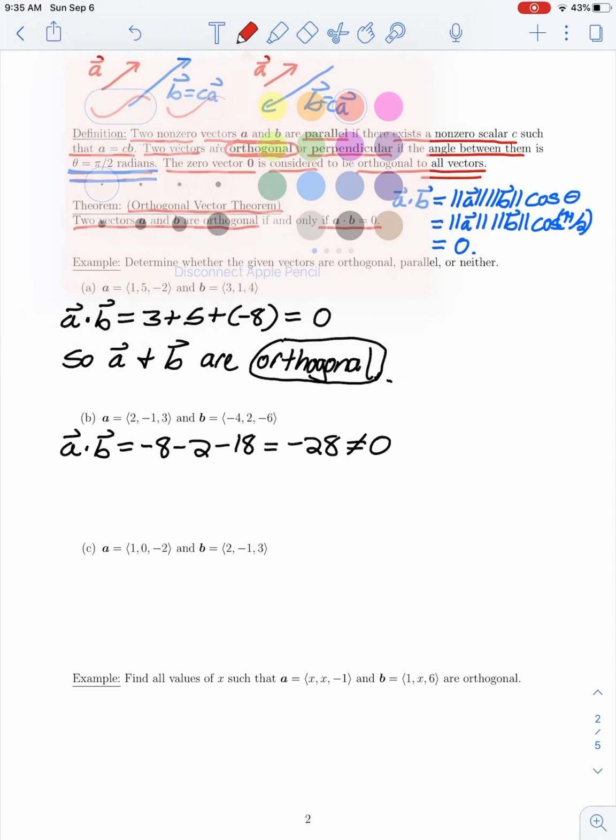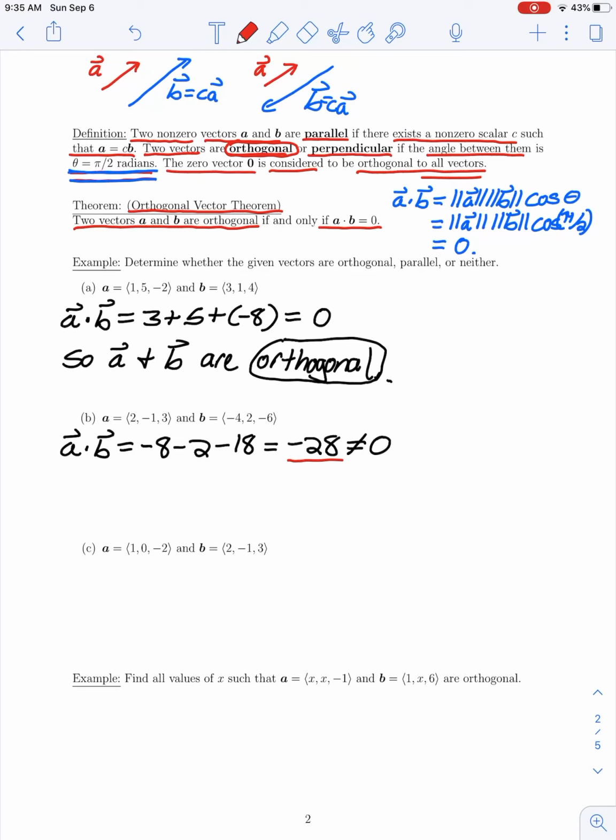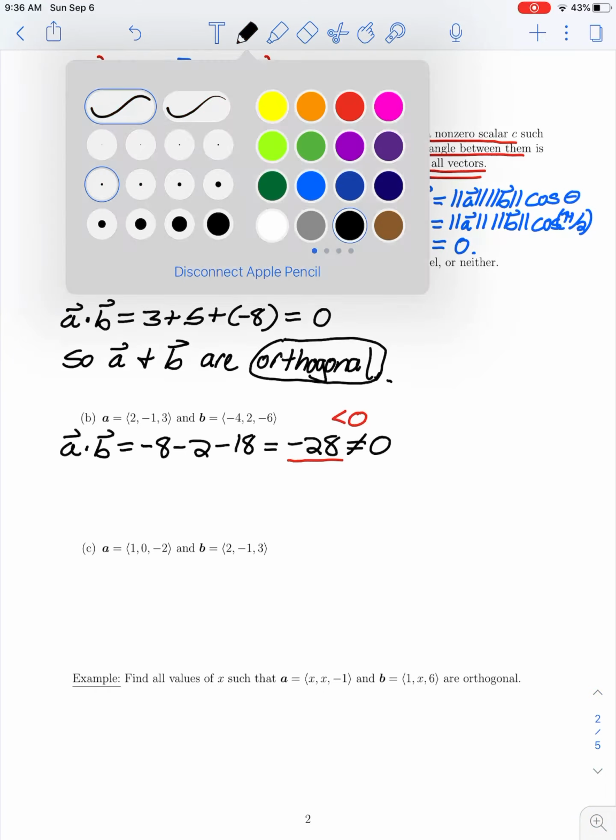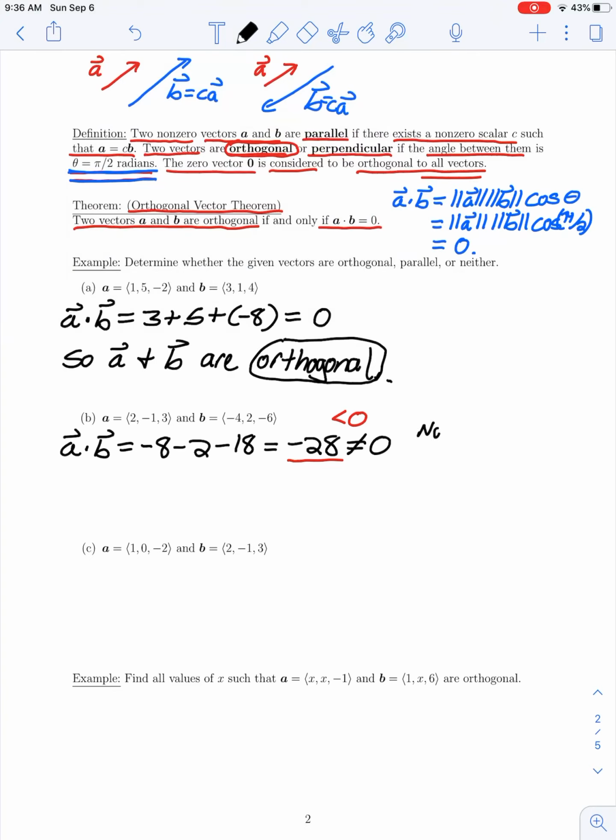Since this dot product was negative, the angle between these two vectors is an obtuse angle. But they are not orthogonal. We know they are not orthogonal since our dot product is non-zero.